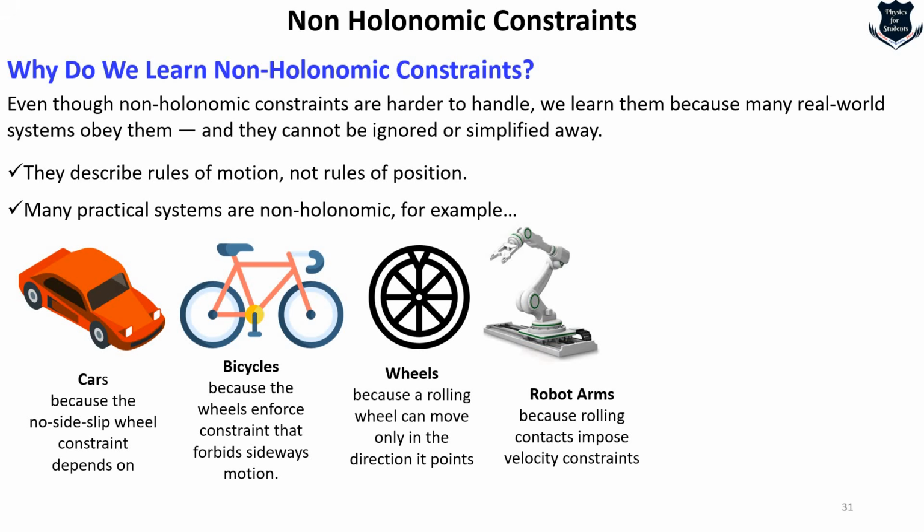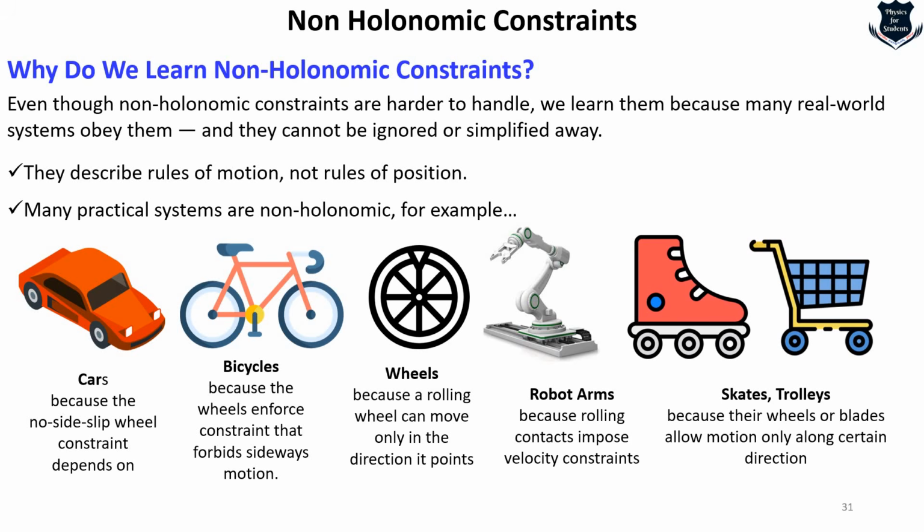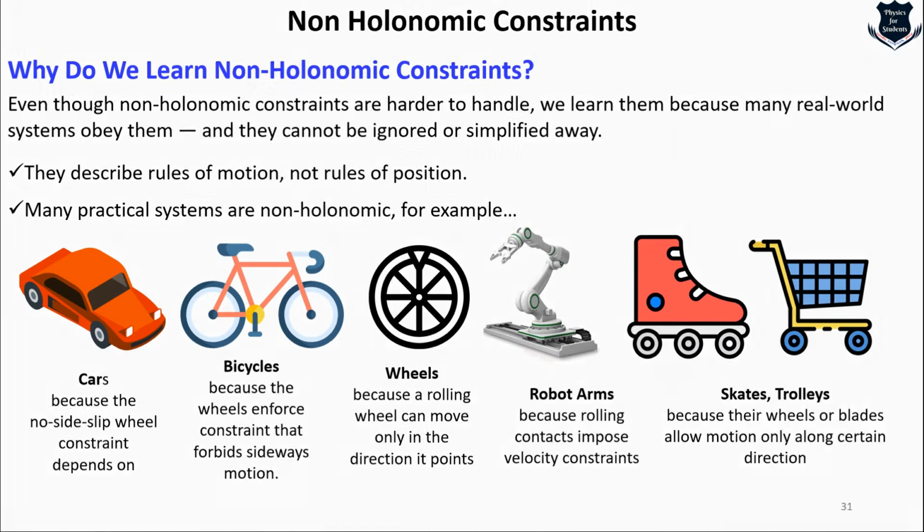Robotic arms also impose velocity constraints. Skates and trolleys, because their wheels or blades allow motion only along certain directions. So what you learn from here is that non-holonomic constraints are actually important, and these are all real life cases.